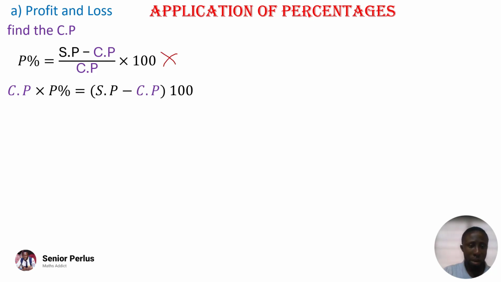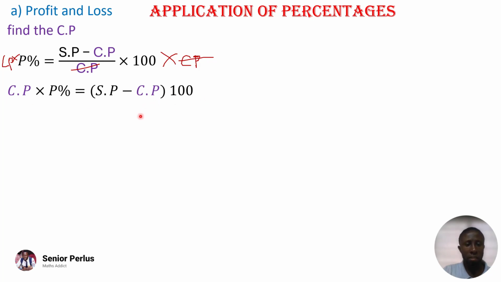You multiply here by CP, so that we remove the denominator. You multiply here by CP. Good, so you see it goes. Then you have this. Very good, so now we have this. What should we do? We are looking for the cost price, and there's a cost price here.